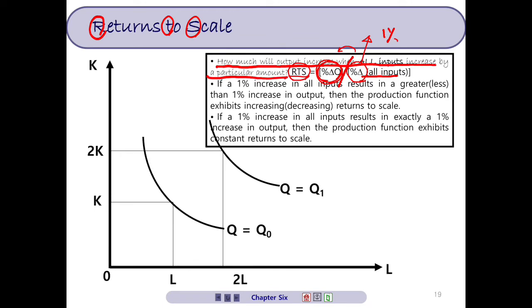And we can classify this RTS in 3 cases. A 1% increase in all inputs, if that results in a greater than 1% increase in output, then the production function shows increasing returns to scale.